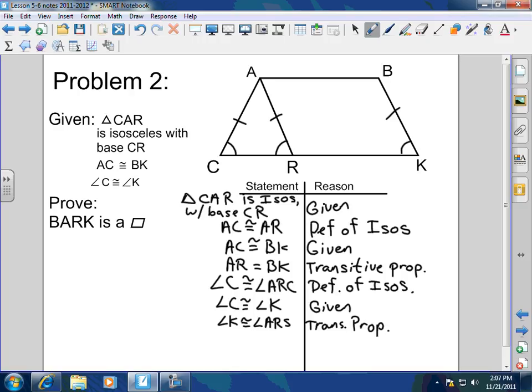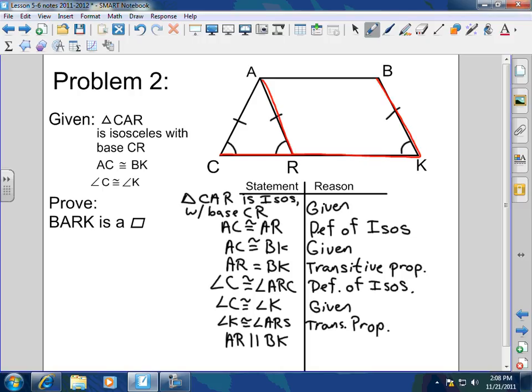Think about what we have here, guys. Don't we have an F? There you go, corresponding. So you can say that AR is parallel to BK.